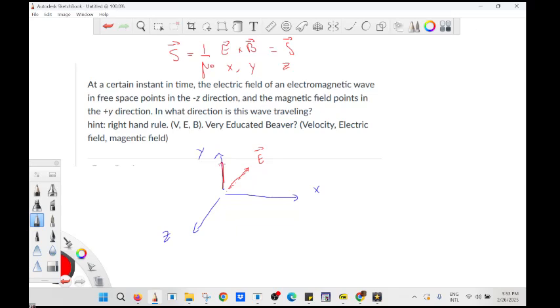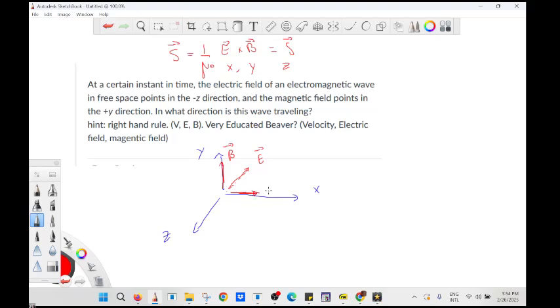So that will be B. So then you take your right hand, the thumb is toward E, the second finger is toward B. So the third finger should be along the x-axis.